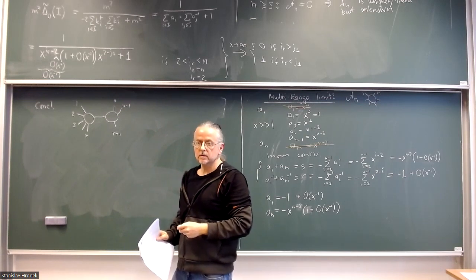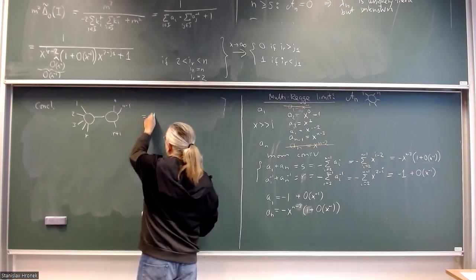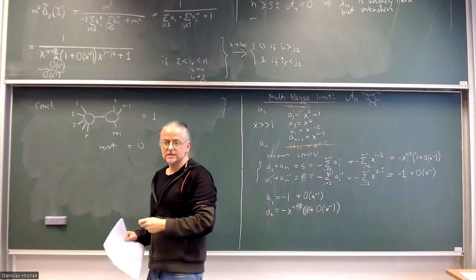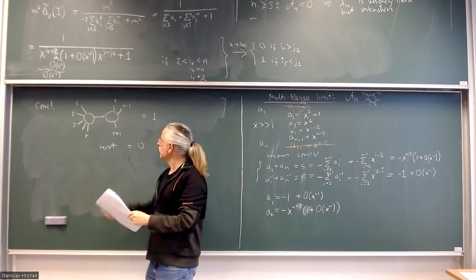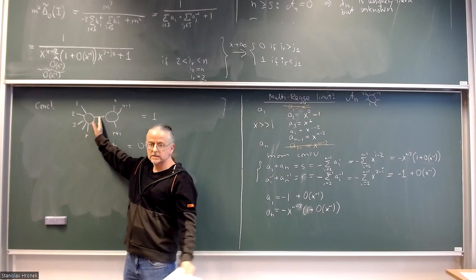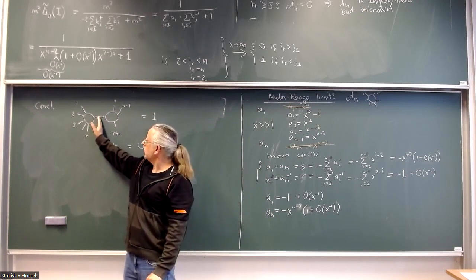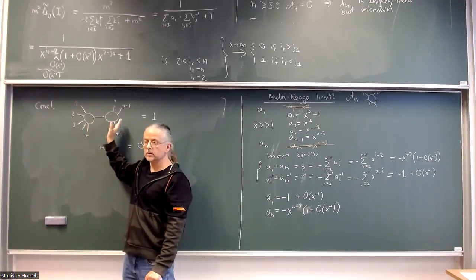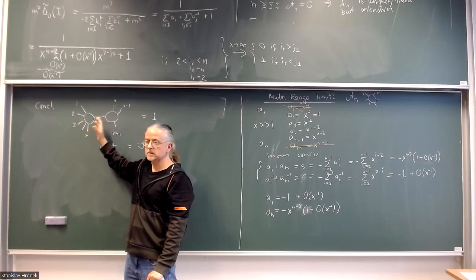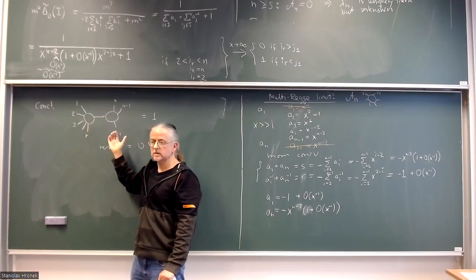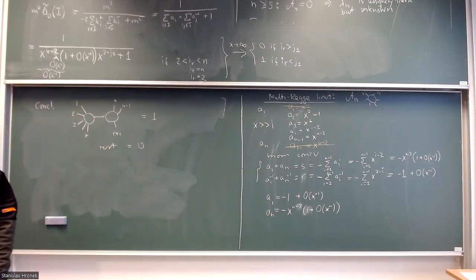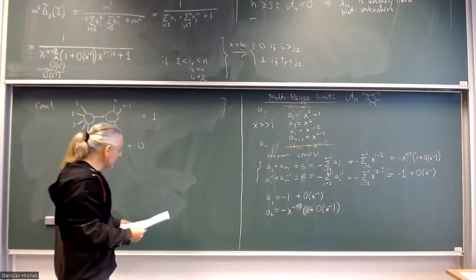Does that make sense? If this is the case, then we get one and all the rest give zero. It's very nice. So when you look at the internal propagator in this multi-Regge limit, then all the labeling on one side should be smaller than on the other side. If there's some kind of mixing there, then the propagator will change. So you can imagine that's very powerful. There are not many propagators that survive this limit. So that's the first trick.